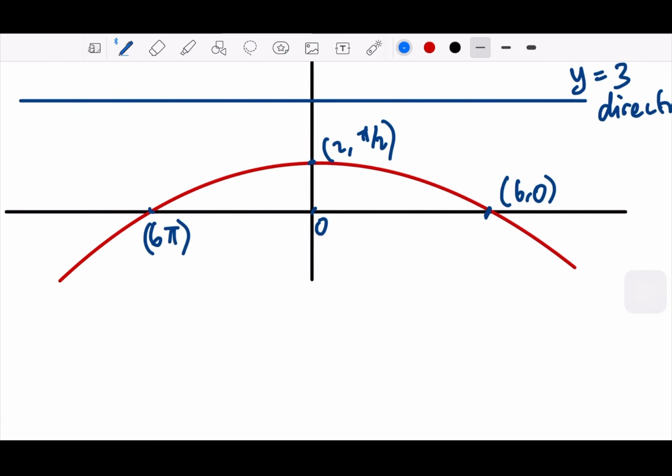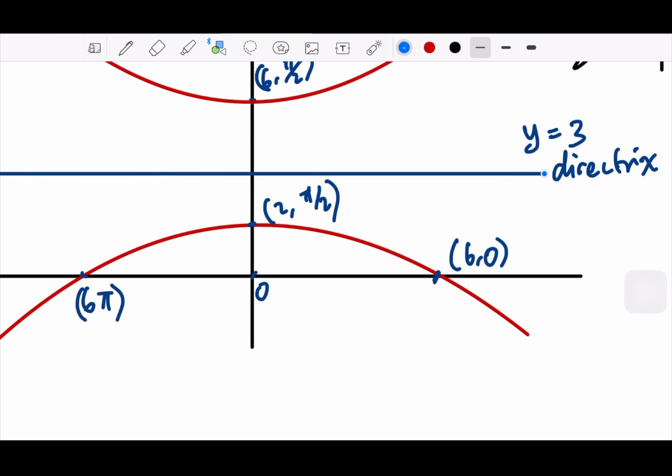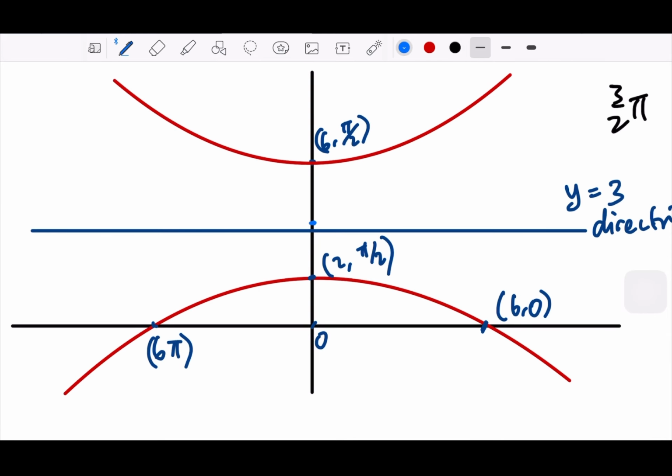So if we look at this graph, there should be two asymptotes here, crossing at the middle point. Let's imagine the middle point is actually not here, it's going to be here, at the directrix. So the asymptotes will be in the middle here, that is the cross section.